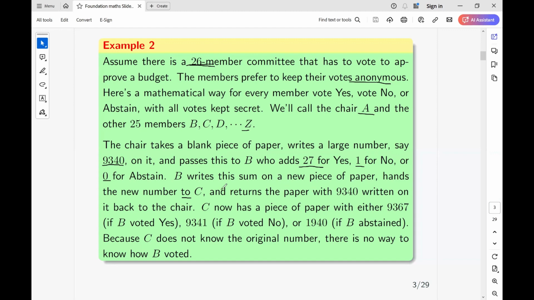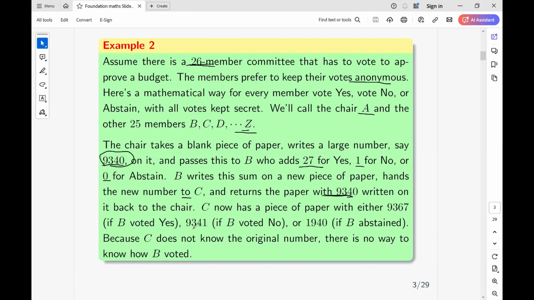I think it's person B: person B was supposed to receive the paper from the chairman with this number, then return that piece of paper. Person C also votes. Person D votes. All of them vote up to person Z, and then they give it back, and the chairman also casts his vote.